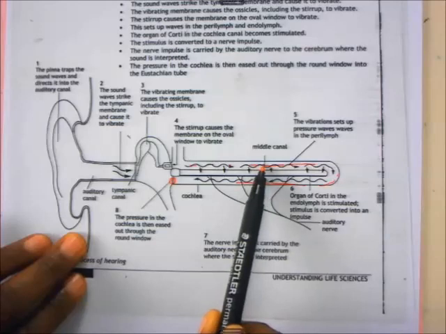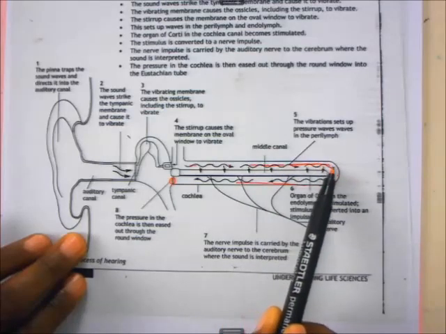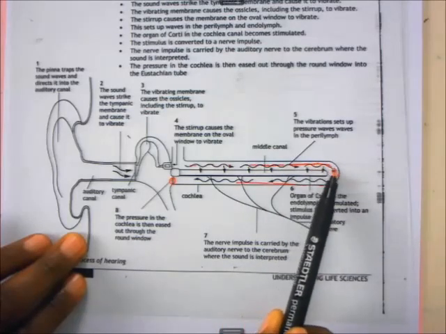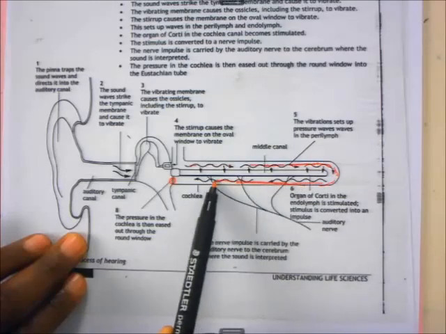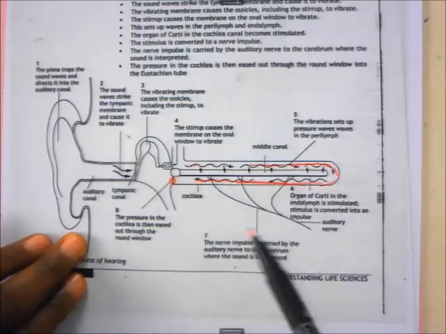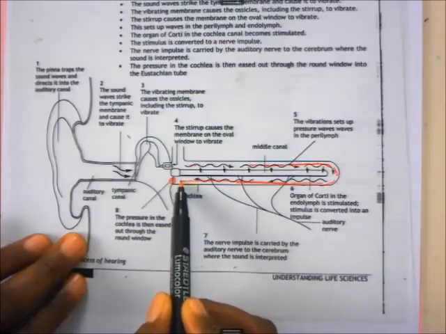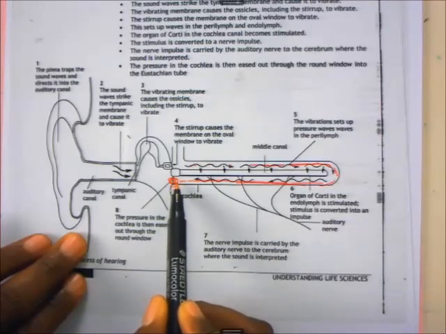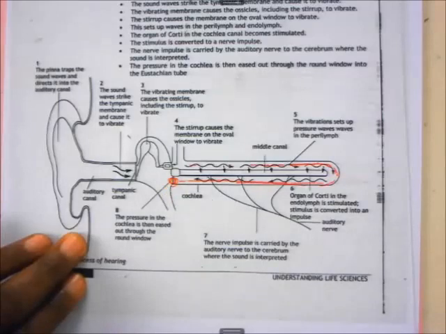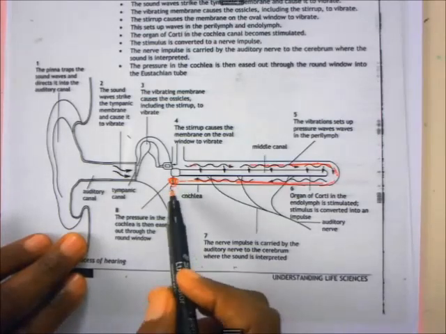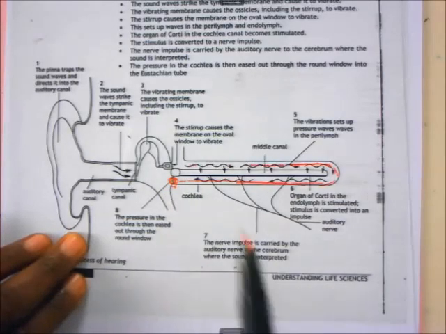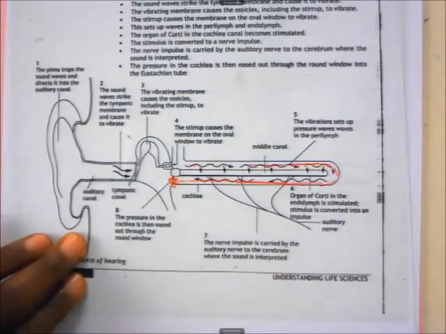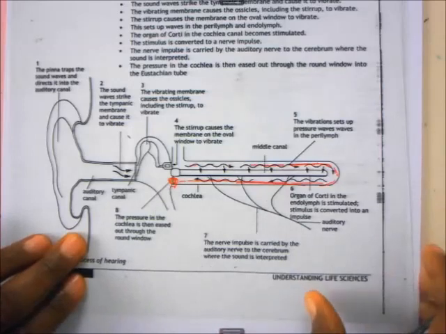They've moved from the upper canal, which is called the scala vestibuli, to the lower canal, which is called the scala tympani. When the vibrations arrived here at the round window, they are simply absorbed. So now we do say that the function of the round window is to absorb the vibrations.